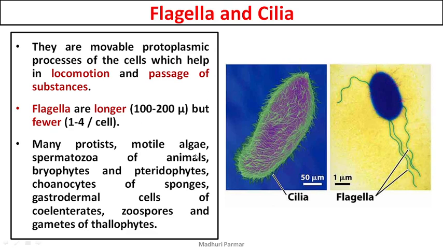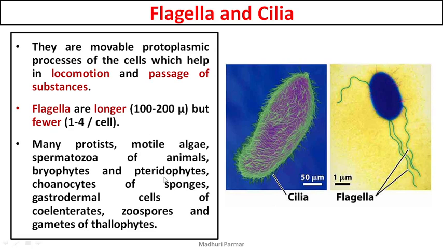Then motile algae like Chlamydomonas have flagella. Then spermatozoa of animals, which are the sperms of animals, also have flagella for movement. Then bryophytes and pteridophytes have flagella in the spores or spermatozoa.